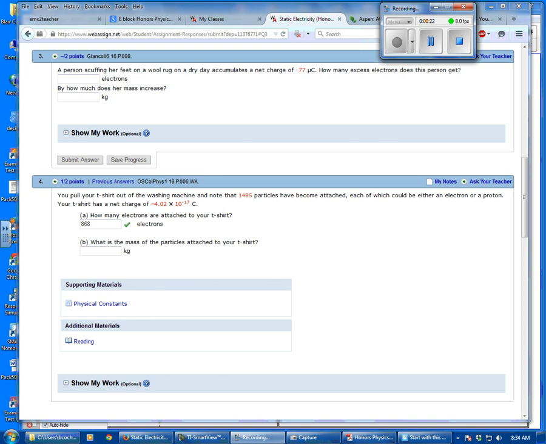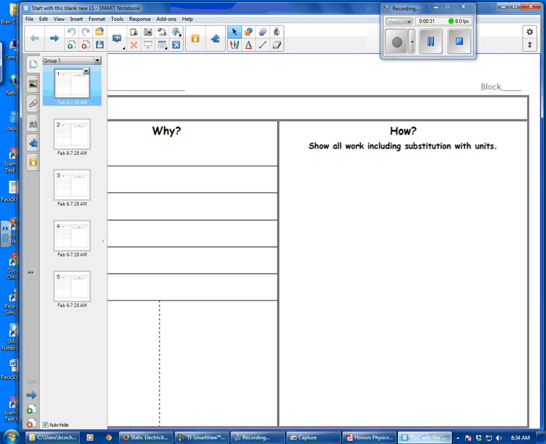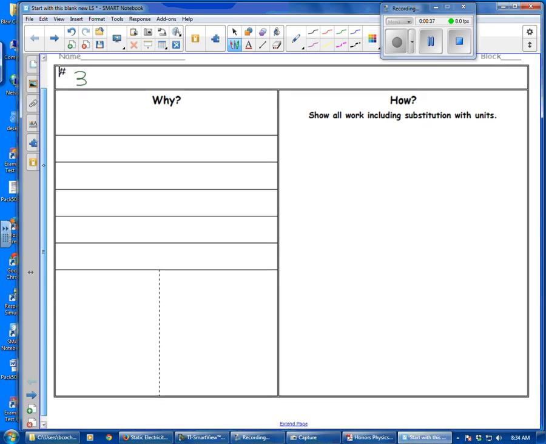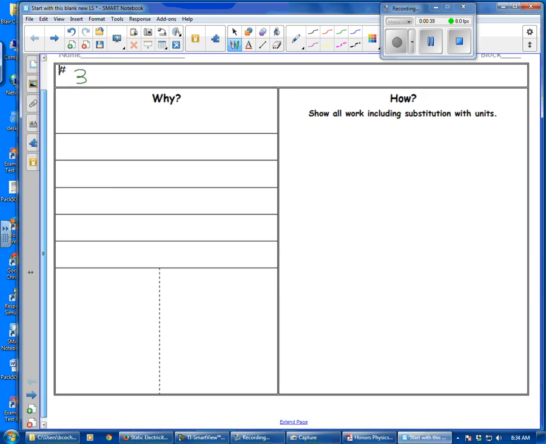Alright, how many excess electrons does this person get? I would say the starting point in your Y on this would definitely have to be that electrons have one quanta of negative charge.